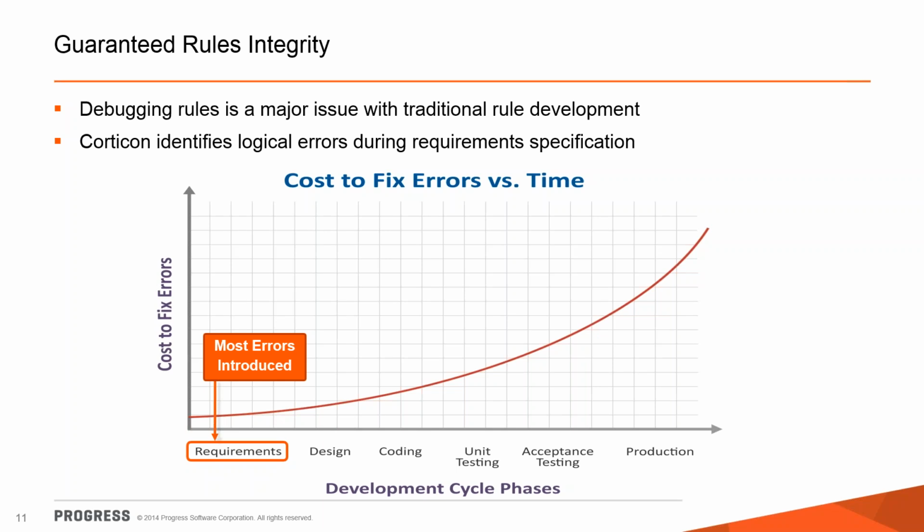And what happens is, in a traditional development approach, most of those errors are introduced in the requirements phase. If you build it out, those errors do not get detected unless you reach the testing phase. That's when you've handed it off to the testing team and they're going and testing the cases.